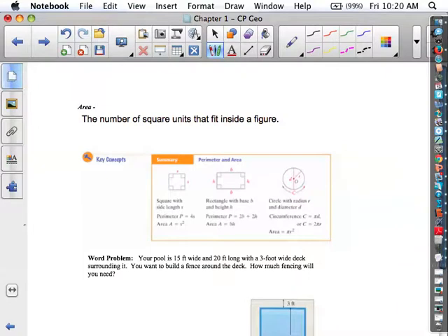Next is area. Area is the number of square units that fit inside a figure. So if I'm looking at a rectangle, I want to count how many square units would fit inside that rectangle, and that would be the area.